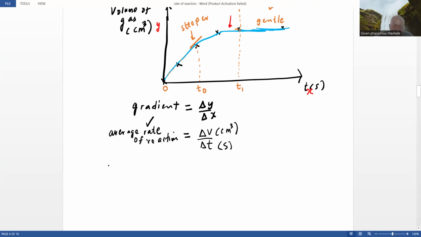So one can define rate of reaction as the change in volume of gas produced per unit time, instead of change in concentration.